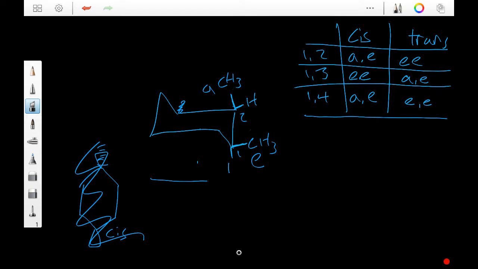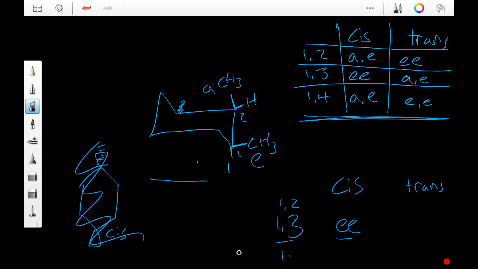Well, there's a fancy little table that you can use, and you don't have to memorize this entire thing. All you have to memorize is that cis 1, 3 is EE. 1, 3, EE for cis. And the whole rest of the table will fill itself out from there. Because when we write in our 1, 2 and our 1, 4, we just have to put opposites.